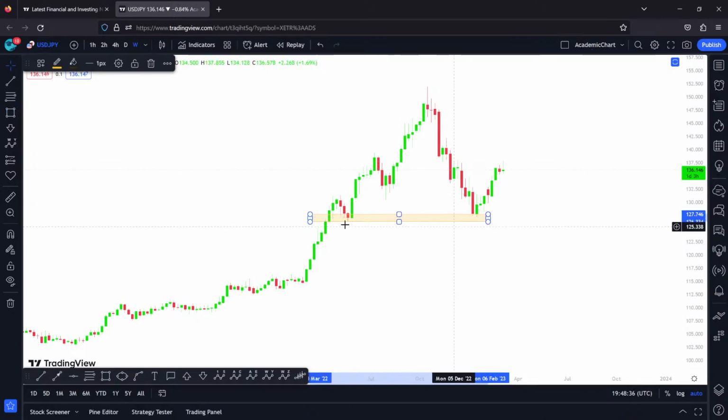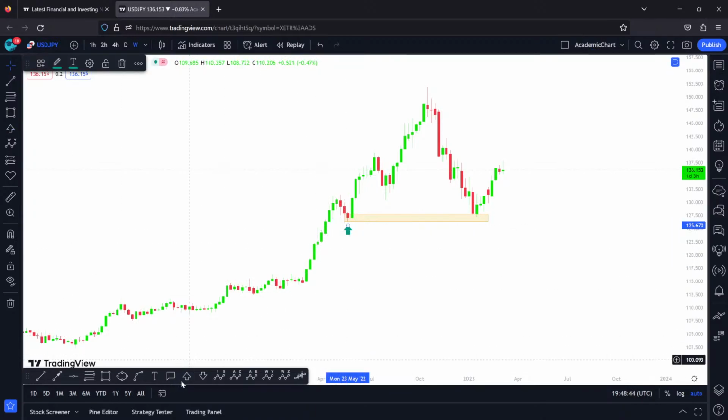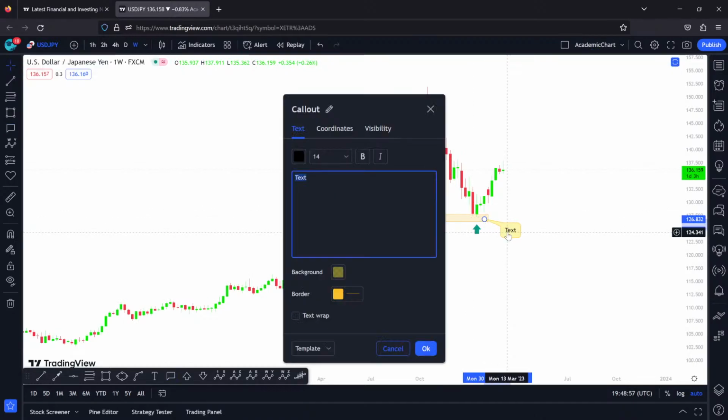But now what I want to know is that this is a very important support zone that price used to react to sometime in the history, and now also recently it has reversed and reacted to it. Just as a side note, this was the 50 percent Fibonacci level of the correction.